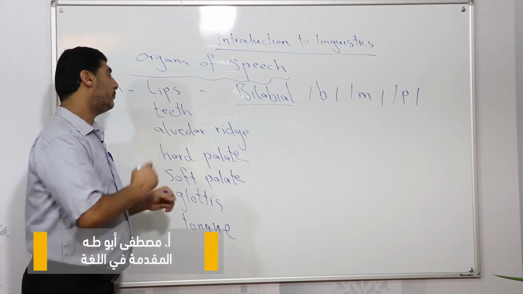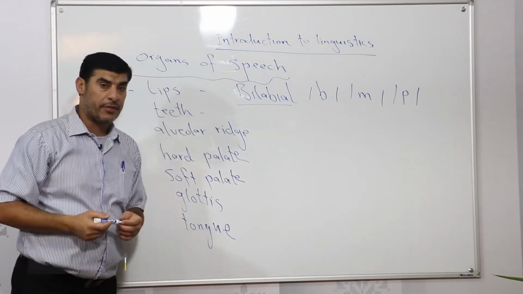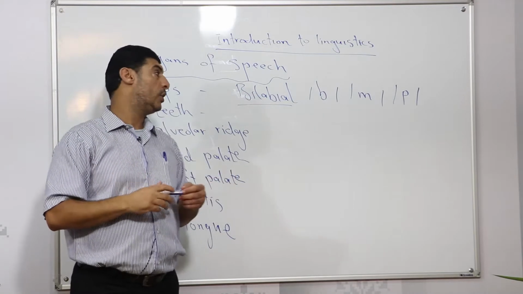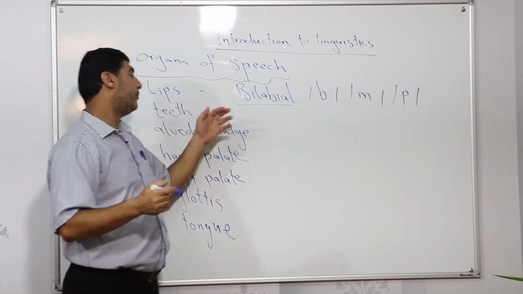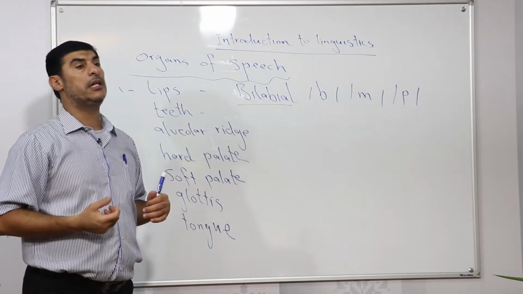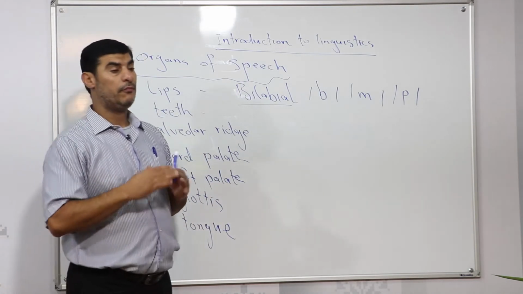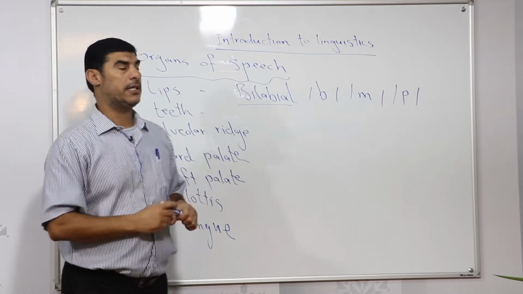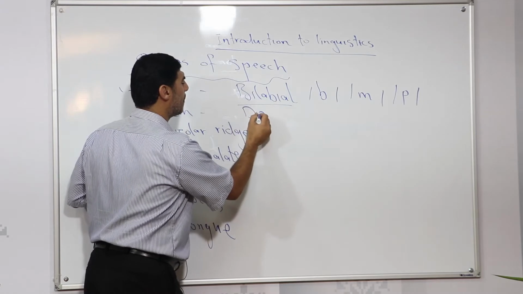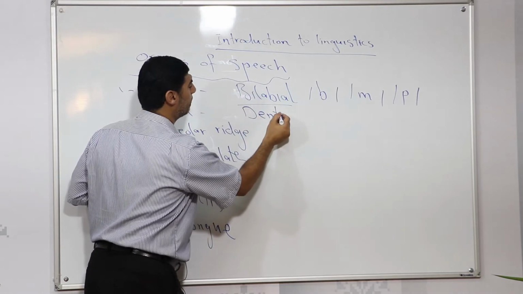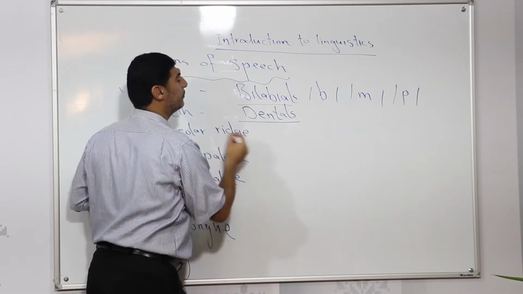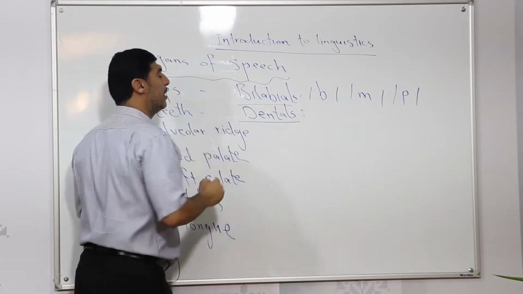Teeth. We have the upper teeth and the lower teeth. We call the sounds produced by the teeth dental. So number 2, dental. We have dental sounds as we have bilabial sounds.